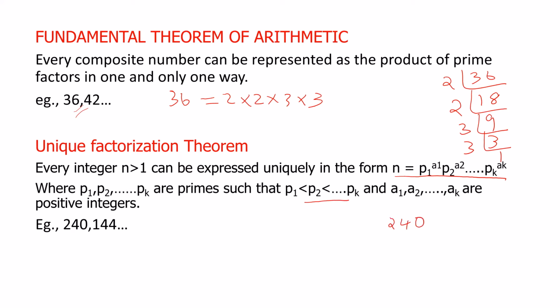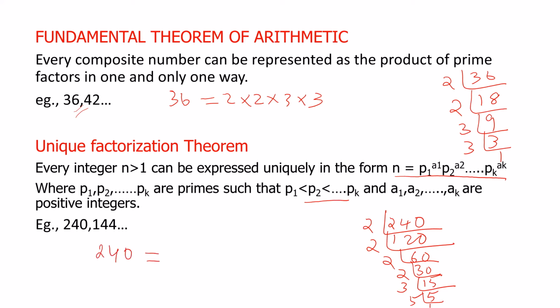240, if you factorize this, we divide by 2 and get 120. Again divide by 2, you will get 60. Divided by 2, you will get 30. Again by 2 we get 15. Then divide by 3, you will get 5. And 5 gives 1. So 240 you can represent as, how many 2's are there? 1, 2, 3, 4. So you write 2 raised to 4, into how many 3's are there?